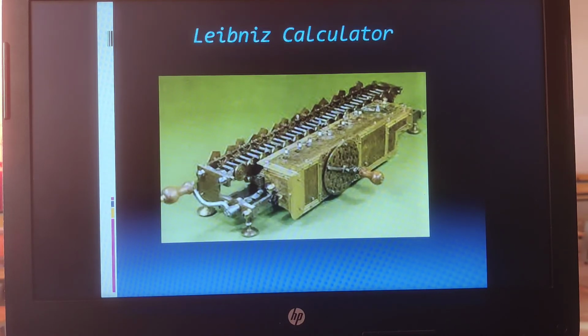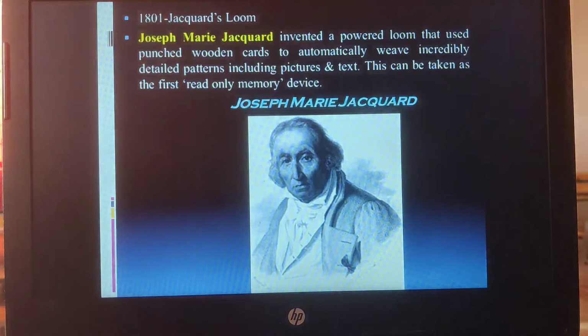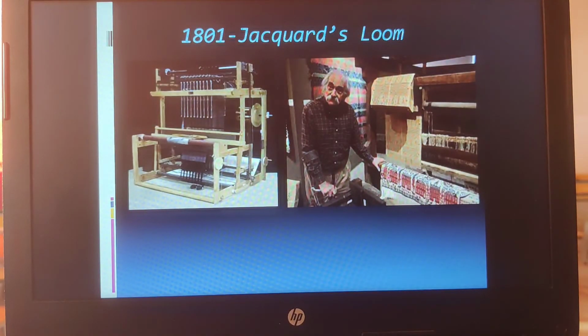So moving on to the next computing machine, that is Jacquard's loom. This is another slide of the internal view of the Leibniz calculator. In the year 1801, there was a person known as Joseph Marie Jacquard.